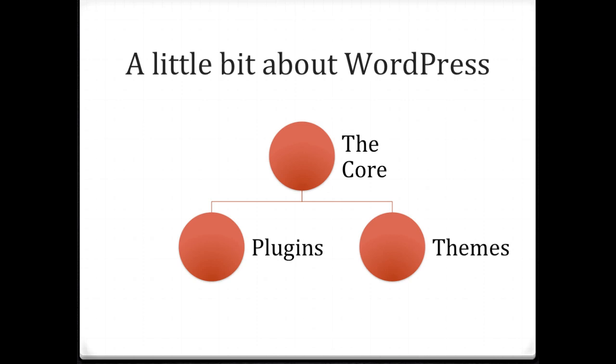Hooks are like events that the core is constantly triggering, and with those you can add functions that respond to those events, and you can handle any kind of thing that you want to do in WordPress. For example, if you want to automatically add some tags when you publish a post, the core triggers an event when you publish the post, and when that happens you can say, hey, now I'm going to add some tags to this post, and you can do that by writing that code in a plugin.